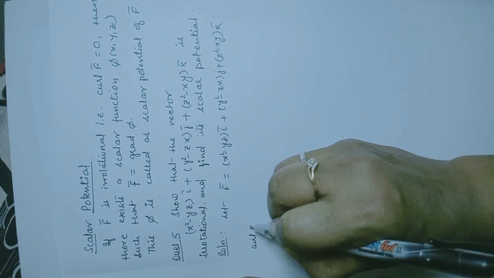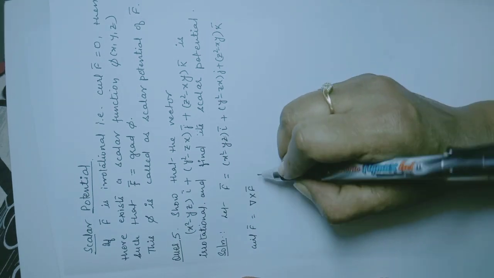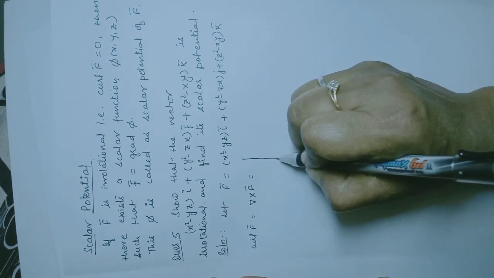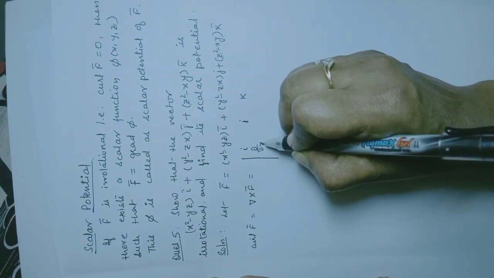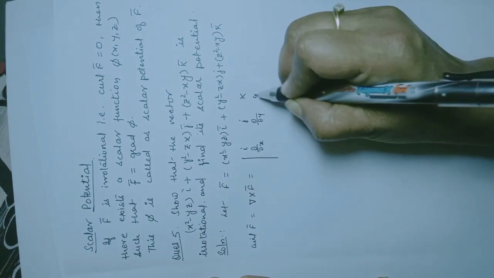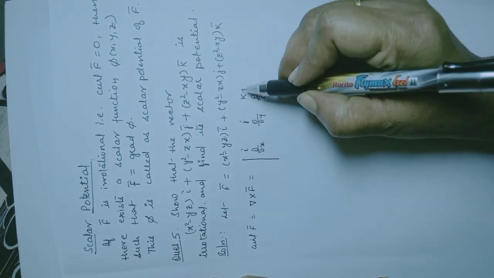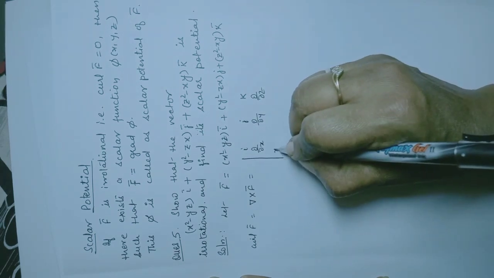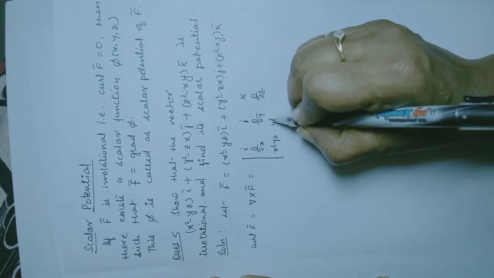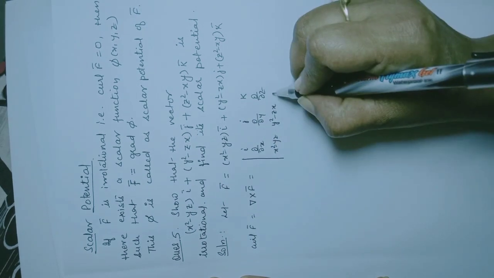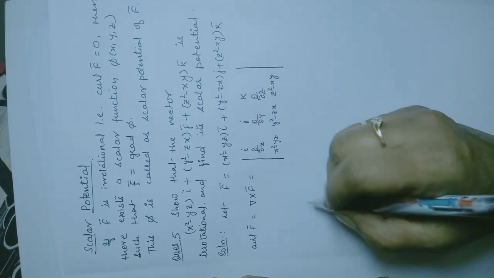So let us find the value of curl f, that is vector operator del cross this vector f, which is equal to the determinant i j k, del by del x, the vector operator's value, then the components of f: for i, x square minus yz, for j y square minus zx, for k z square minus xy.